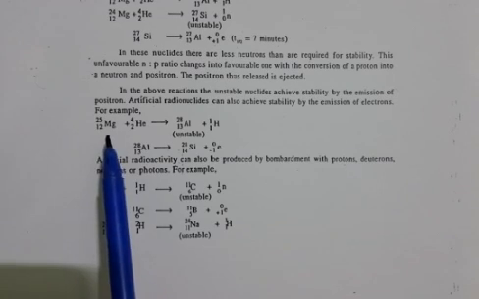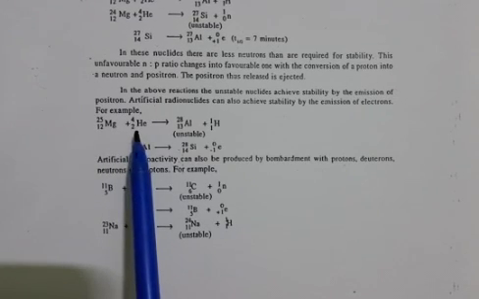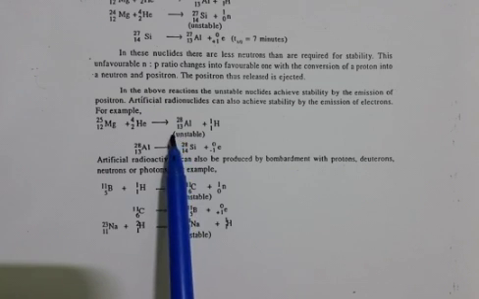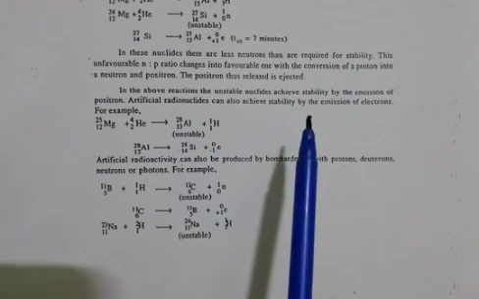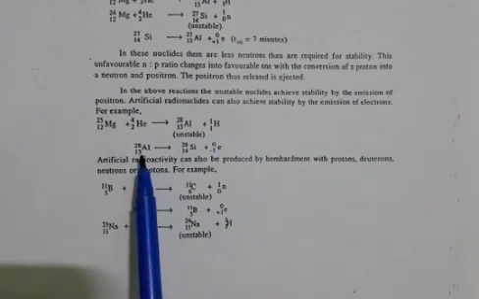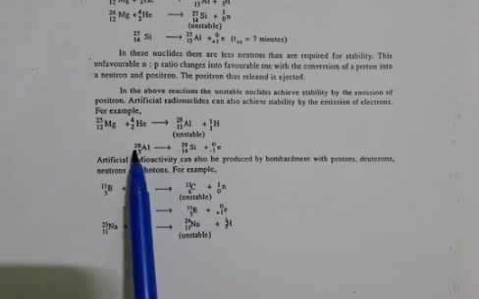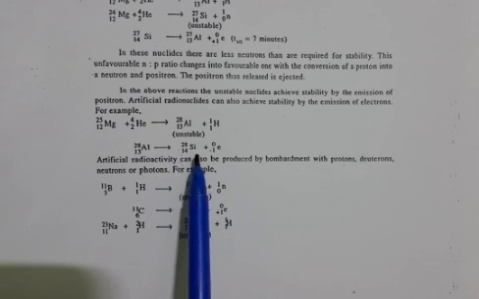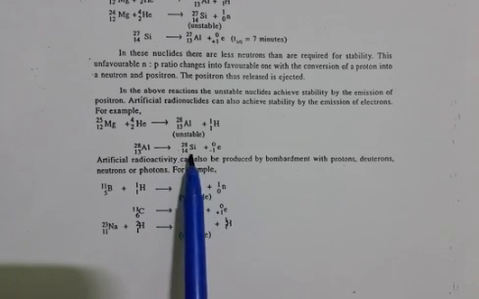So here you can observe this example. When magnesium is bombarded with helium, it forms aluminum having mass number 28, atomic number 13, which is unstable. Okay, so it undergoes decay to form the stable silicon nucleus.